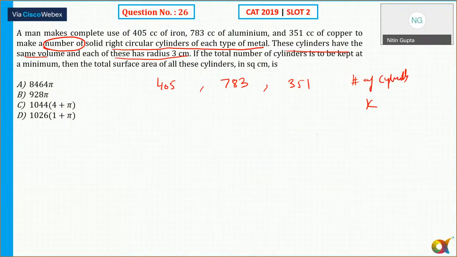That is given here and the volume is also the same. If the total number of cylinders is to be minimum, so the value of k is minimum, we will try to make the volume of each cylinder as large as possible. The greater the volume, the fewer cylinders there will be. If I take cylinders of small volume, then the number of cylinders will be very large. So the volume of the cylinder should be very large, and if the volume is large, then the number of cylinders will decrease.